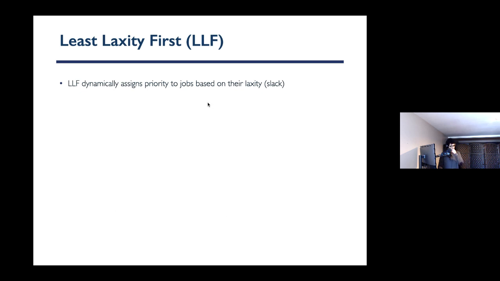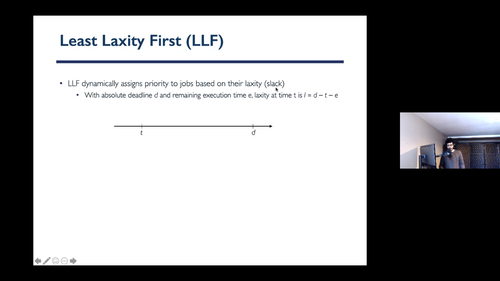So to define this, I have to first define what laxity means, or another term that is used in the community is slack. So what is the slack of a task? I think it's well shown in a picture. Let's say that this is time.